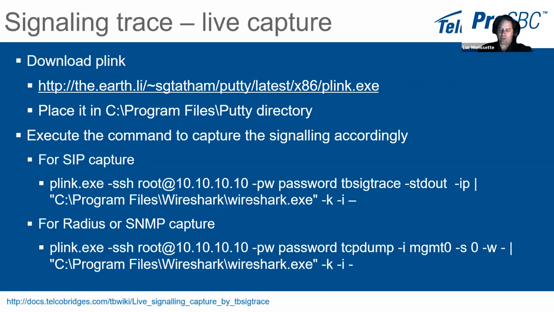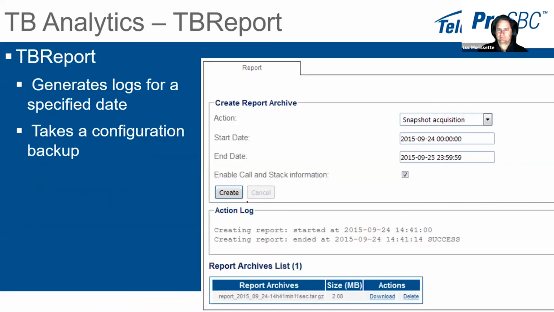It is a bit more efficient than trying to capture all the SIP traffic. So it will compress what we receive, and we'll be able to keep more data for a longer period of time. Using TBasic trace or Wireshark like this is a bit more tricky because it can fill up pretty quickly if you have a high number of calls in the system.